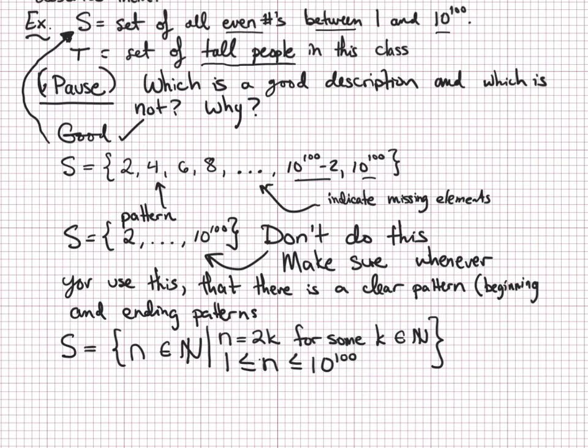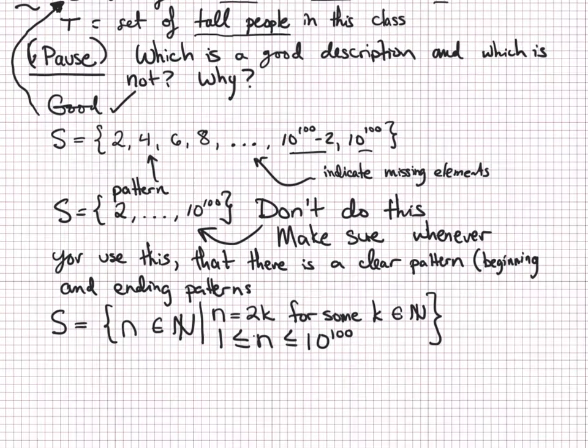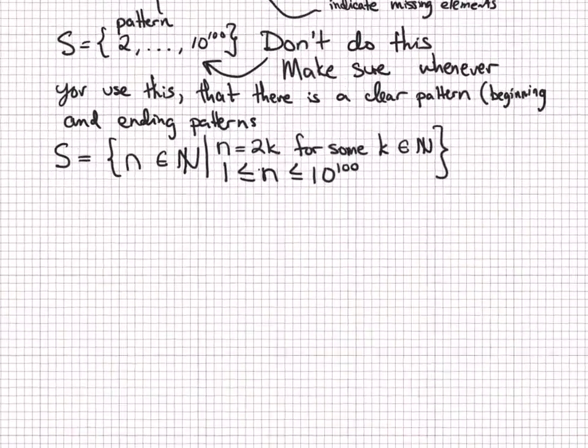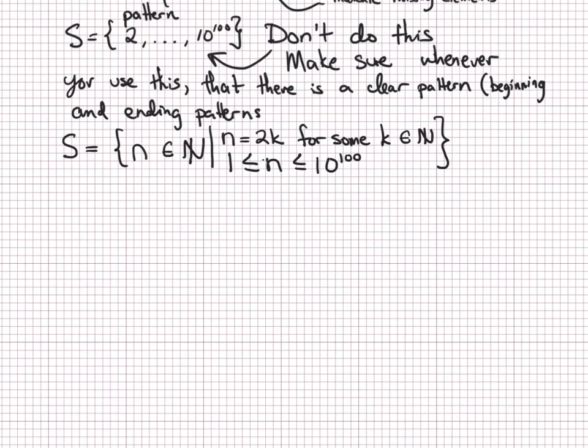Okay, so what have I done here? This will again be used throughout the course as a way to describe sets. What I've described here is telling you where the elements of S live.